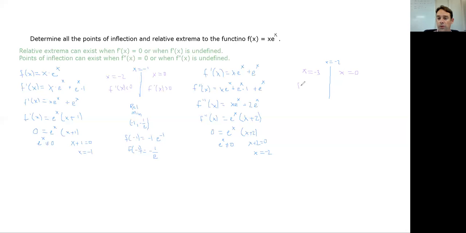If I plug this one in here, I get a second derivative that is less than 0. I get a second derivative that's greater than 0. So I am going to have a point of inflection at x equals -2. So what I have to do then is figure out what is the y value that goes with -2.